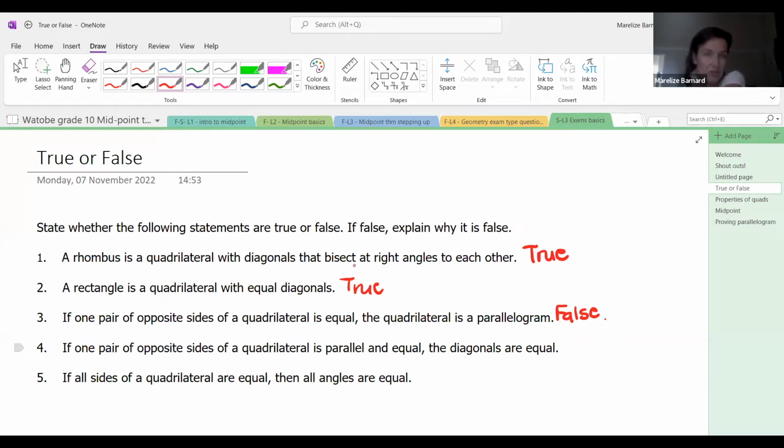Is that true? False? What did you say? Put your answer for number 4. Is it true or false? If one pair of opposite sides of a quadrilateral is parallel and equal, the diagonals are equal.